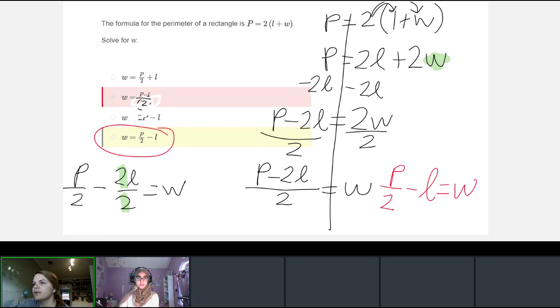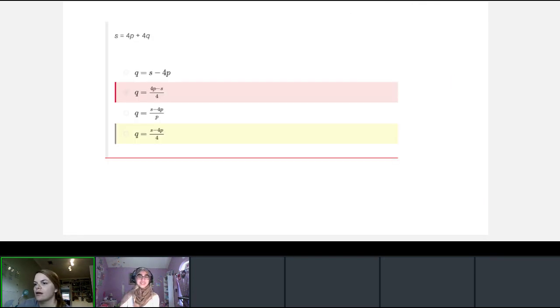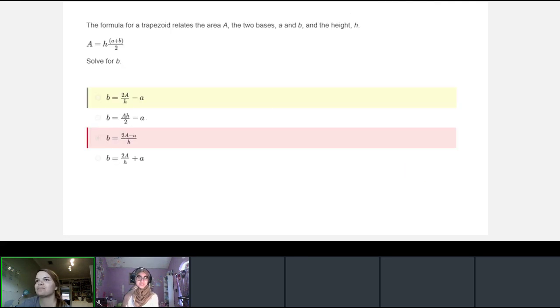But it was P minus L instead of 2L. So that's where it got a little bit thrown off, but you were on the right track. You were super close.